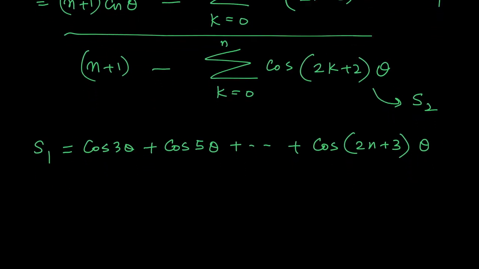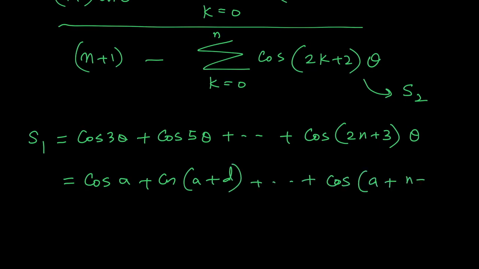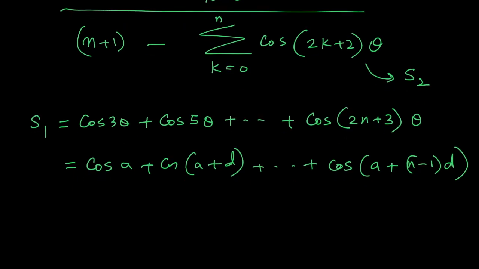This is in the form cos A plus D plus up to cos of A plus n minus 1 into D. Basically it is the sum of cosines of an AP, and you should know the standard result.